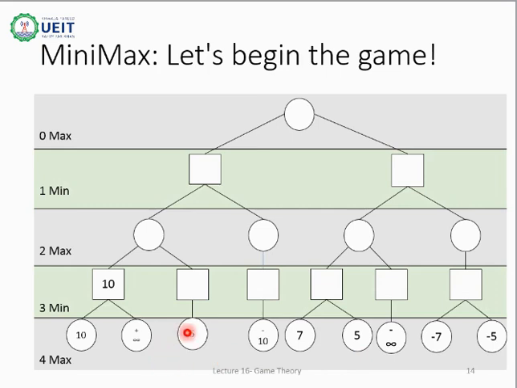For example, this node has no other successor, thus 5 will be passed as it is, as 5 is the minimum value for it. This node has no other successor, thus minus 10 will get passed to the upper node. And this node has two successors, 7 and 5, out of which 5 is minimum, thus 5 gets passed upward to the parent node.